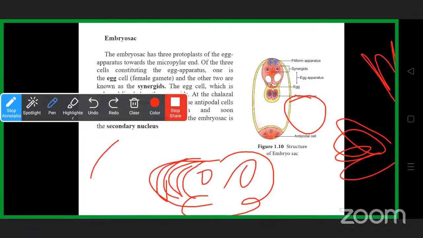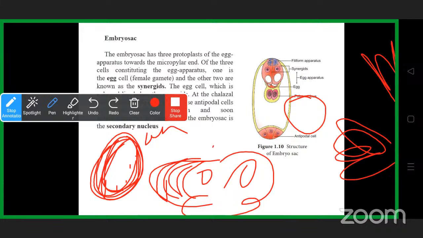But the endothelium is the nutritious integumentary part, called endothelium or ovular tapetum. This is there in the ovule, the other is there in the anther. So don't confuse them. Okay.